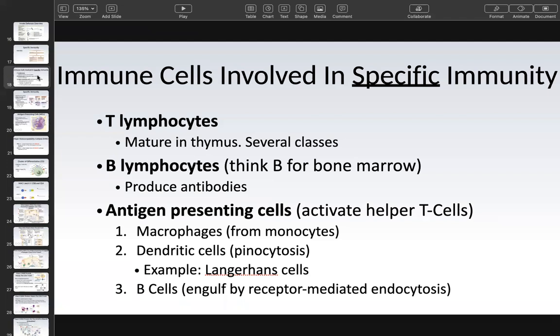Then there are your B cells. Certain B lymphocytes function by receptor-mediated endocytosis. Here we need the presence of a receptor to drive that intake of extracellular fluid and its components into the cell. That's the main difference between B cells and macrophages, which primarily function by phagocytosis.